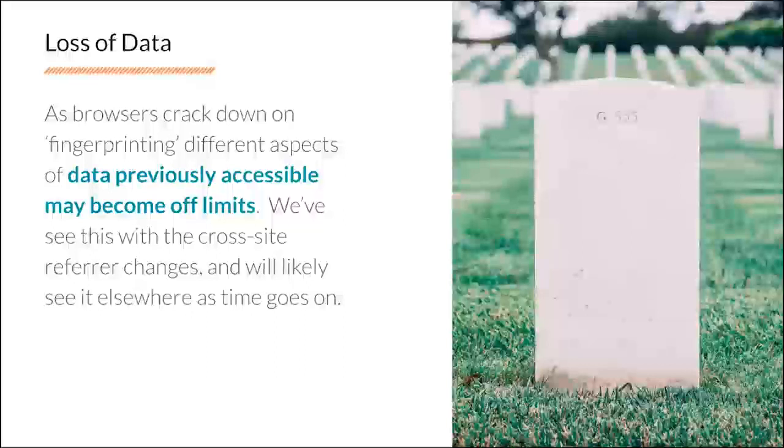And it's important to realize what it might mean for you if we lost access to X or Y piece of data. So we'll have to see where that goes. But it is scary, I will admit.